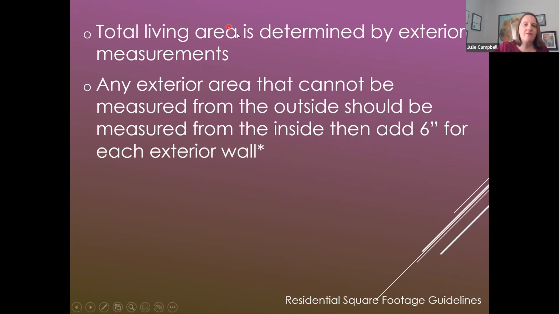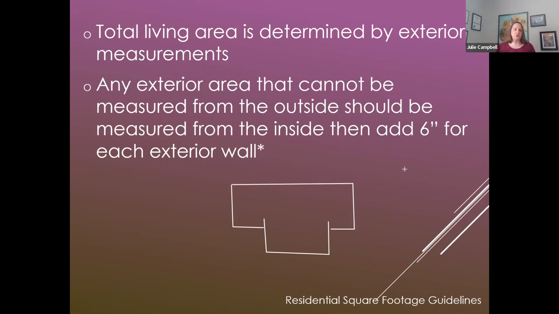But let's say you have a piece of the exterior that is not accessible from the outside. For example, a 2-story home where the second story is bigger than the first. We can measure the outside of the first story, because we can do so safely. We don't have to get on a ladder or try to hurt ourselves.